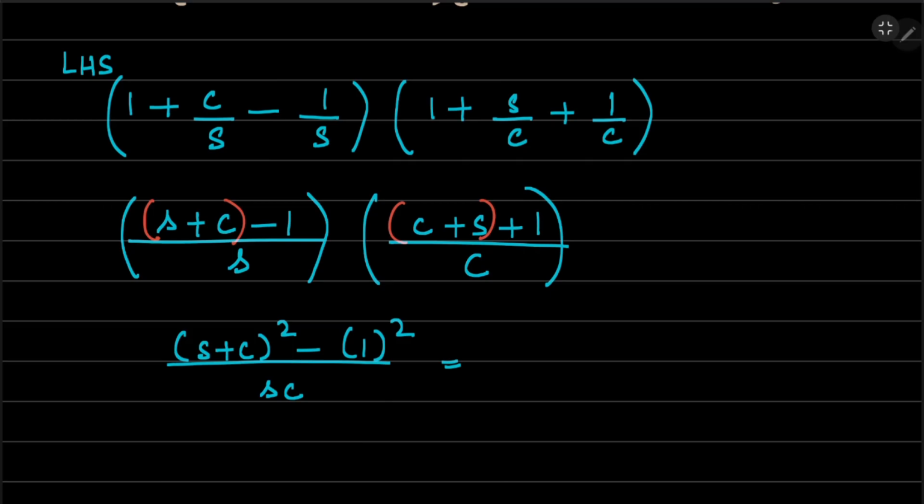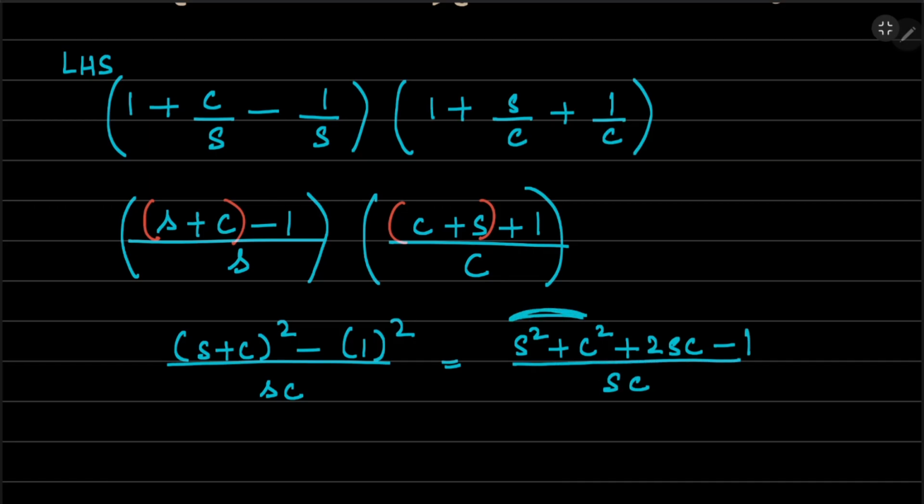Again you have to expand it, that is sine plus cos the whole square, a plus b the whole square. So it is nothing but sine square plus cos square plus 2 sine cos, that is 2ab, minus 1, whole divided by sine into cos.